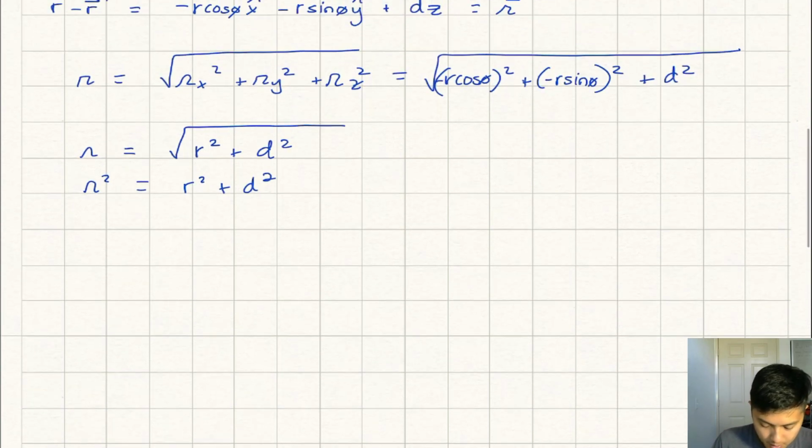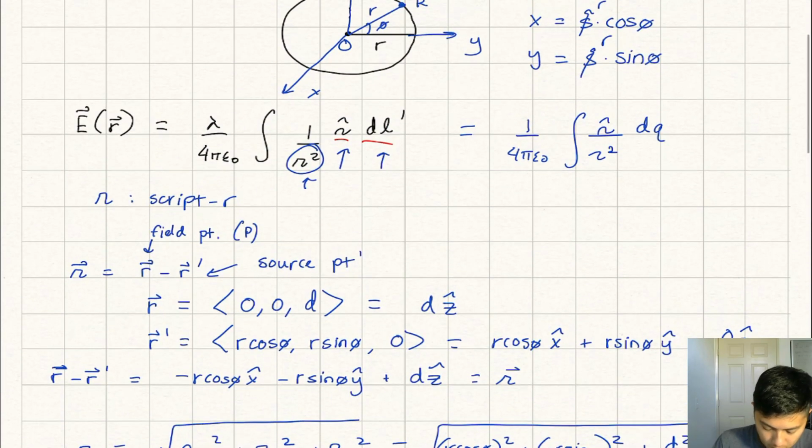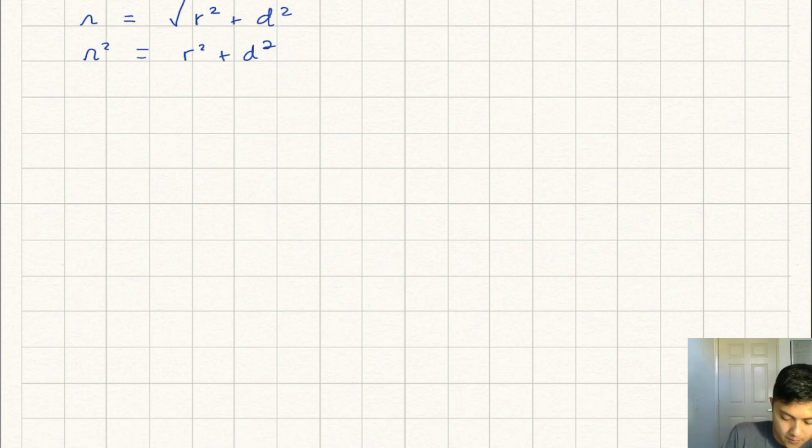Okay, so with that in mind, actually, sorry, we haven't even had the main piece, the script r hat vector, which of course is just the script r vector over the magnitude.